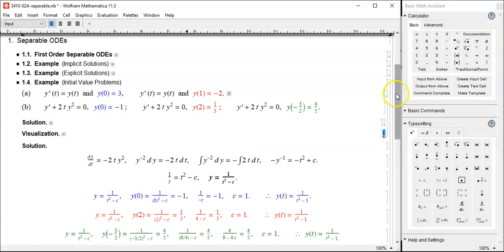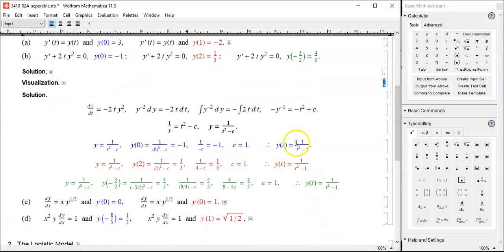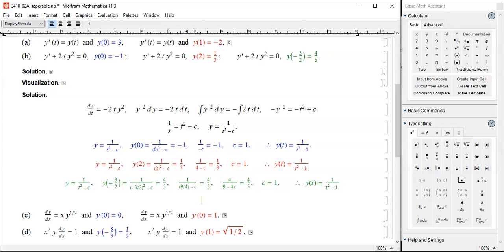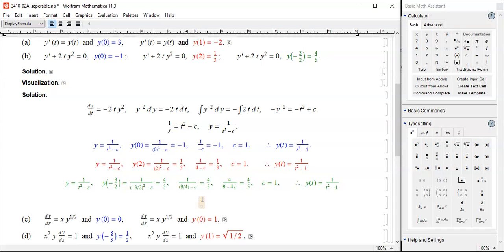And which is which, and how do we tell? Well, we have the same function, 1 over t squared minus 1, and it is valid in the domain.